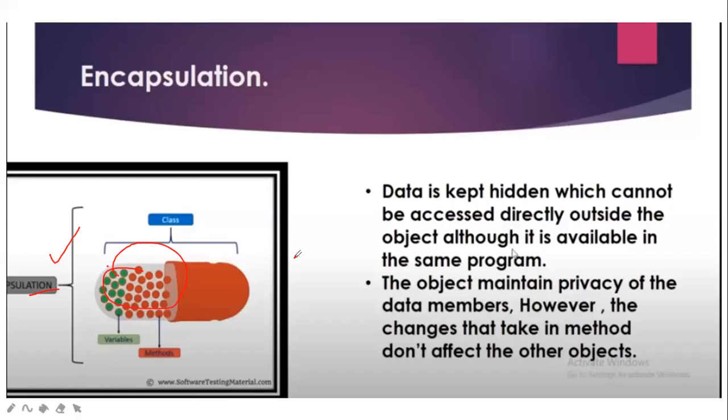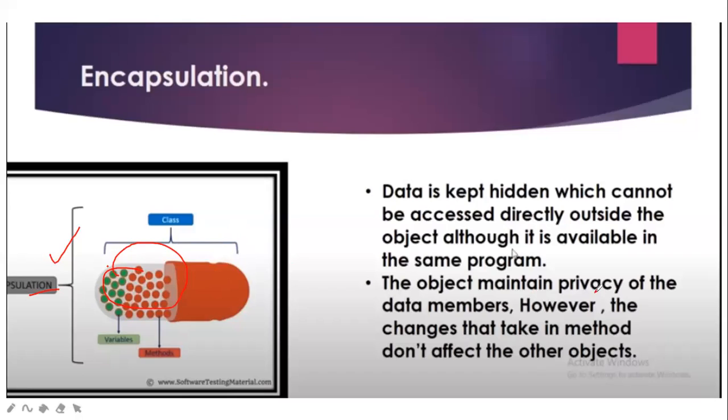If a method is called in another class, that will not be accessed directly, though this particular method is defined in the same program, still you cannot access it directly. That particular process is hiding, and hiding for the purpose of privacy, right? This is called encapsulation.